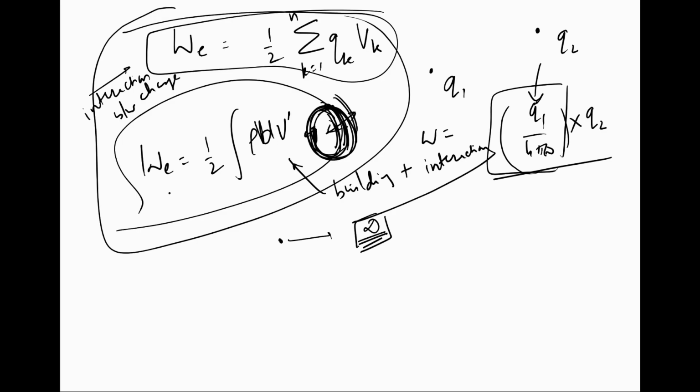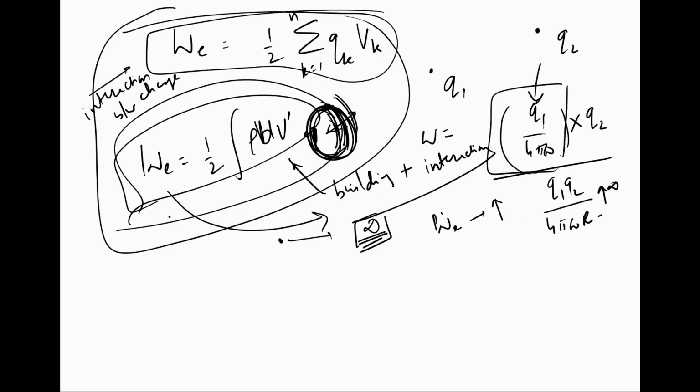If we calculate from this equation, we will find that the work done will be infinity, because the potential energy is Q1 Q2 over 4 pi r, and when r goes to 0, this goes to infinity, especially if we calculate using this equation, because it also considers the energy required to form the charge. So we should keep this difference in mind while using these two equations.